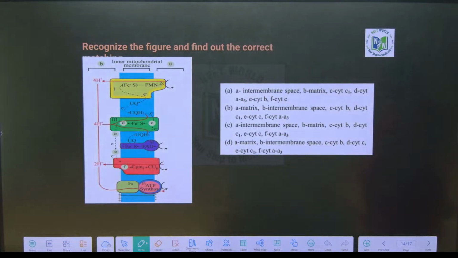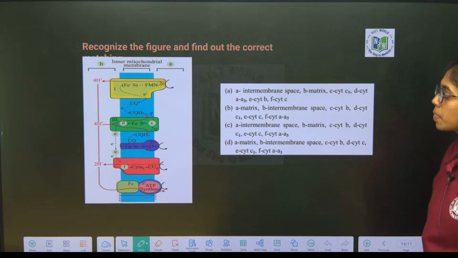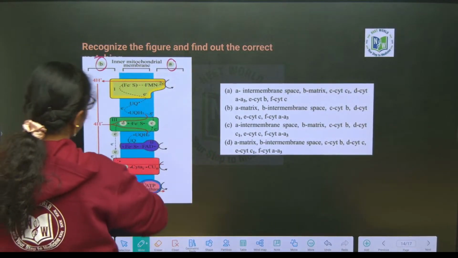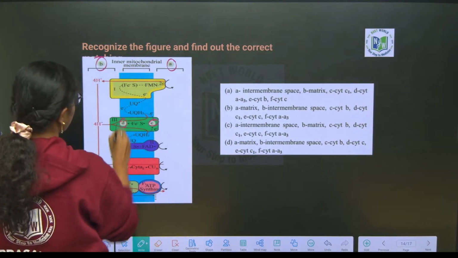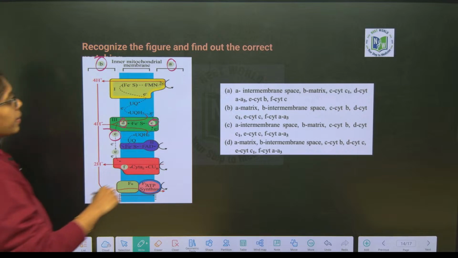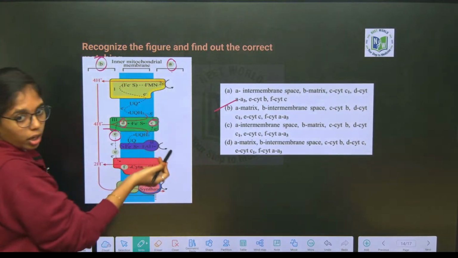Next, ETS. You have to label it properly. A, B, C, D and E. Look at it. A is the mitochondrial matrix.